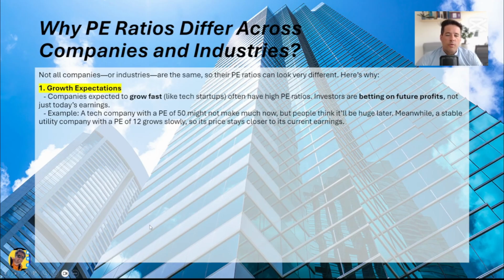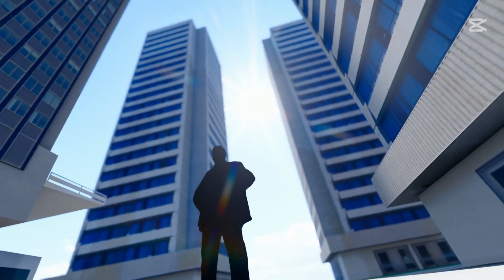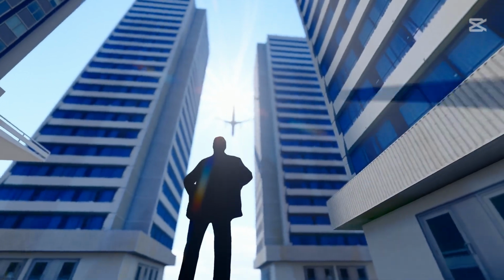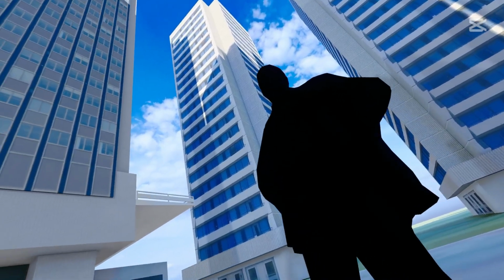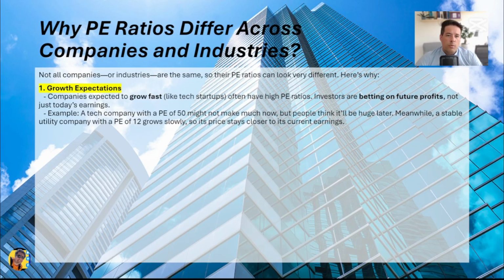If they expect to grow further with the number of customers, or they have an innovative product that is very successful and everyone is buying it, so it's booming, their profits will go up tremendously. So huge growth expectations may have a strong impact on the PE ratio. Higher PE ratios give an indication that people have a high expectation of that company.